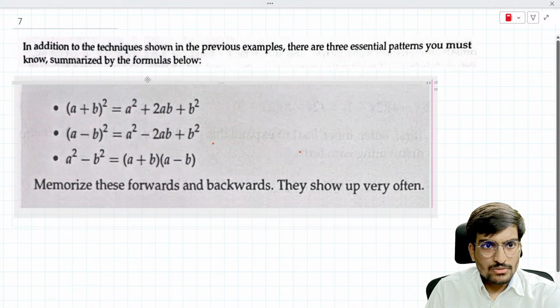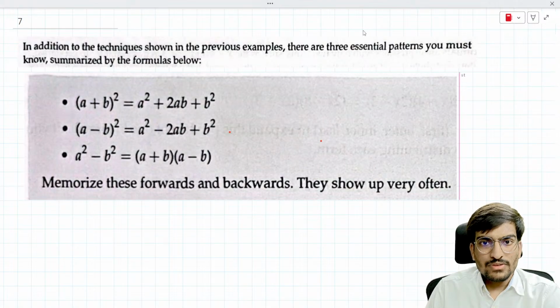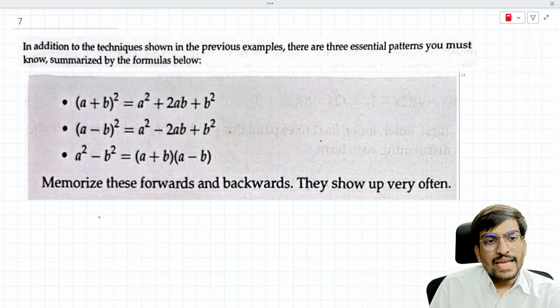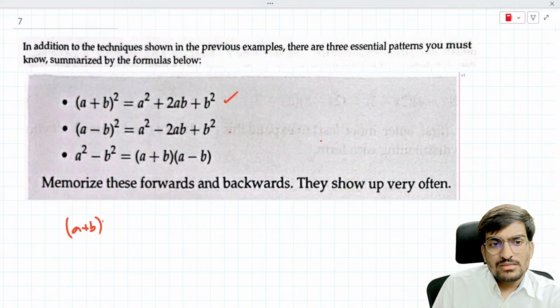So let me tell you how to solve. Like here we have these things. Hope you people already know about this. But a plus b whole square equals a square plus 2ab plus b square. So how did we get this formula?